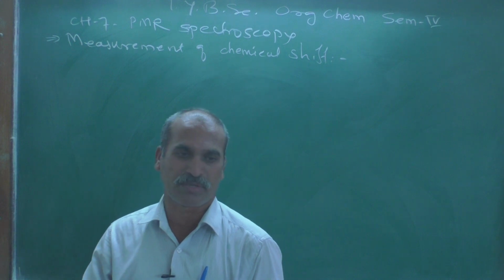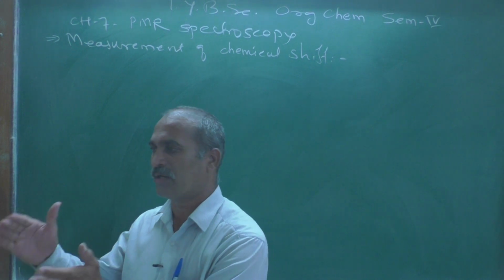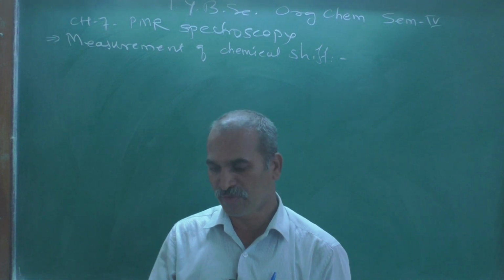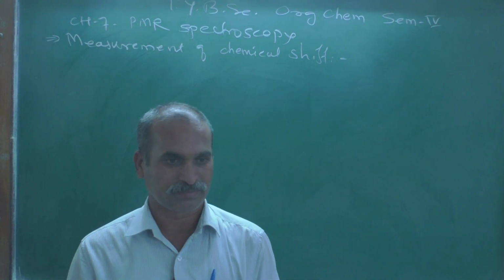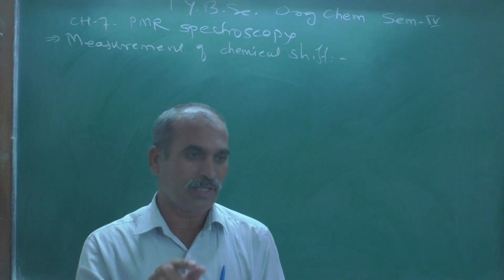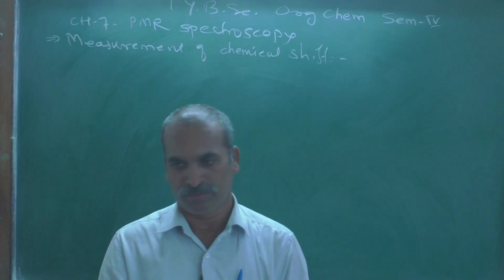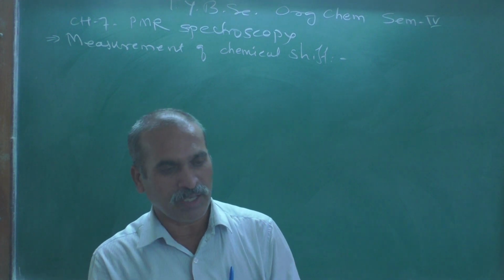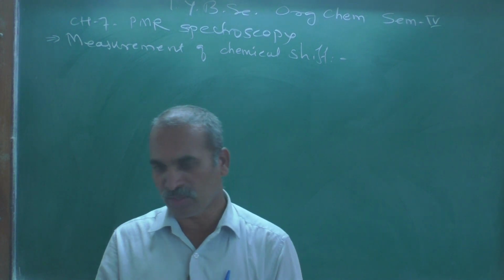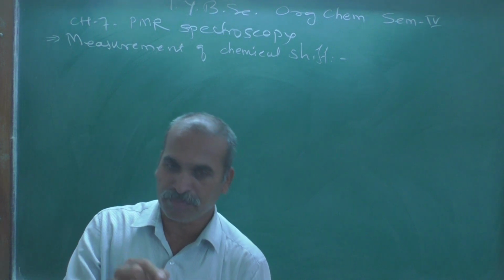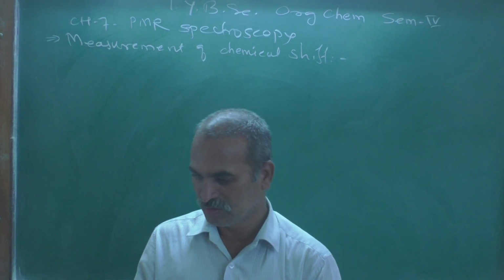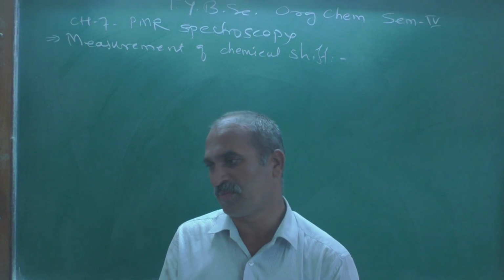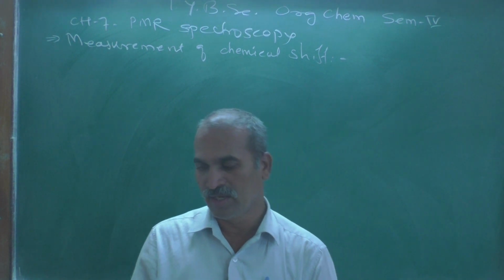There are two kinds of protons and they are present in different chemical environments. Methylene has two protons, but both are chemically equivalent, and therefore they produce one chemical shift. The position of that chemical shift will be identical.